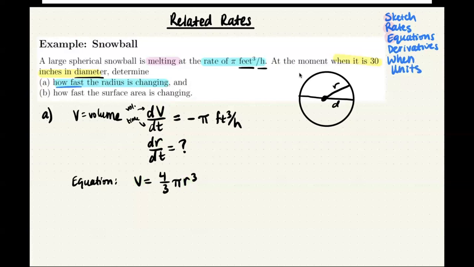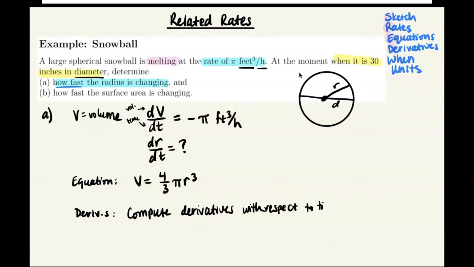Okay, so we've done that part of the acronym. Now we're going to go down to derivatives. I need to take the derivative of this expression with respect to time. So I'm going to compute derivatives with respect to time.